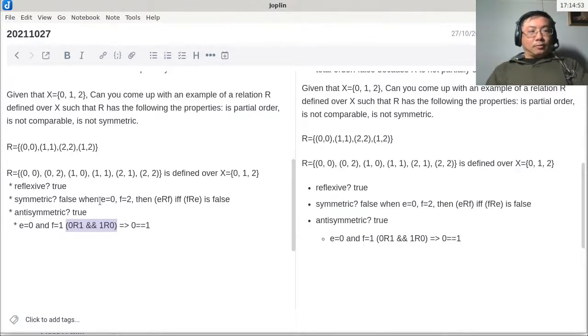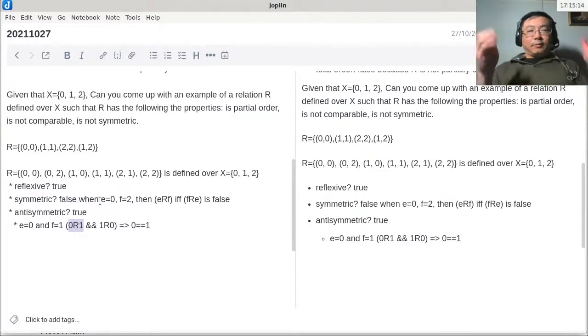It is false. So immediately we have a false here. So false and something else is always what? Yes, false and whatever is always false.